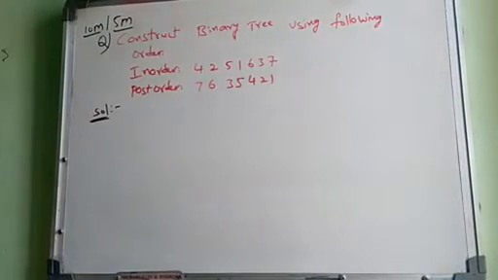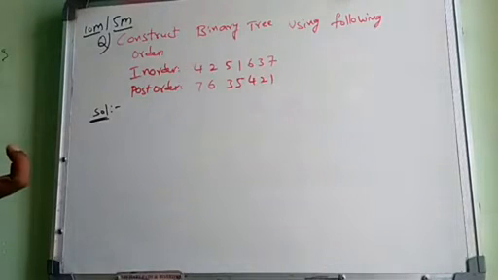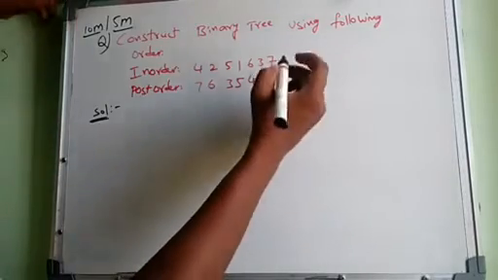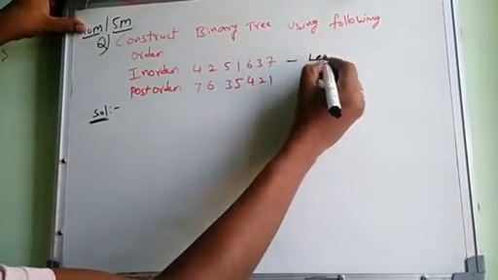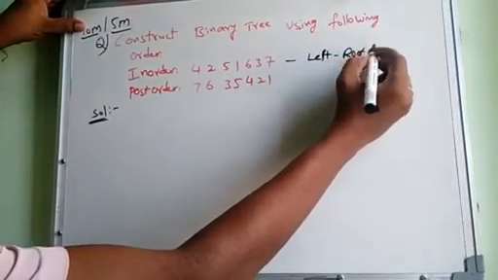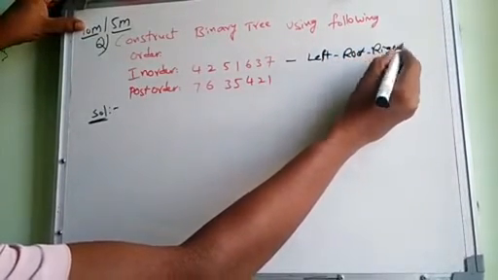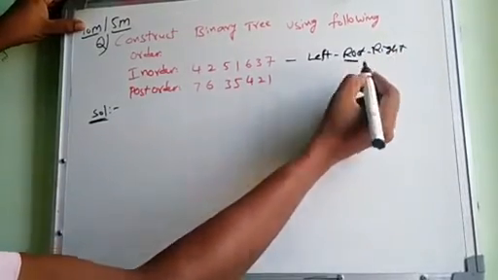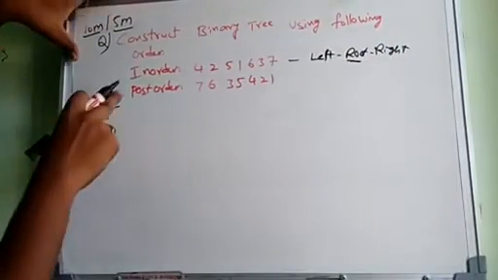Here the order is in-order. You know very well the importance of in-order and post-order. In-order is only used to find left and right children. We are not able to find the root, because the root is present between left and right. So the in-order combination is left, root and right. So we are not able to find the root directly using in-order.